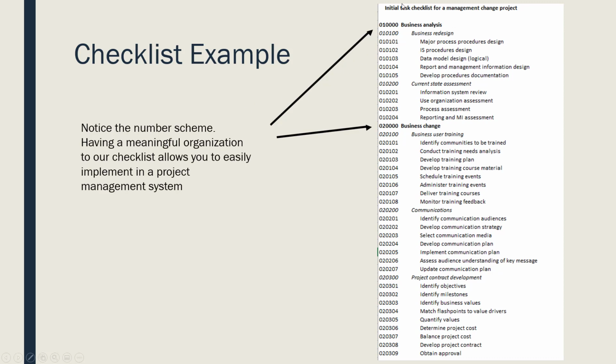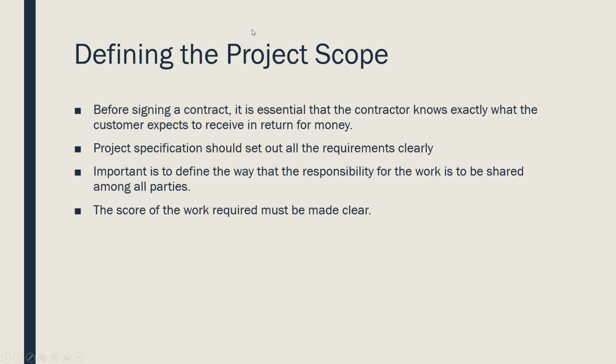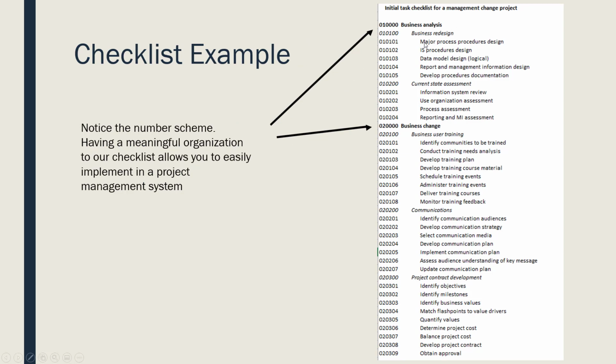So if we look at this business analysis, the numbering scheme is 0, 1, 0, 0, 0, 0. And then this main topic is 0, 1, 0, 100. And then all of the subcomponents, oops, I hit click, sorry, all of the subcomponents then follow that. They're part of the business analysis, and they're in the 100s, which is the business redesign.